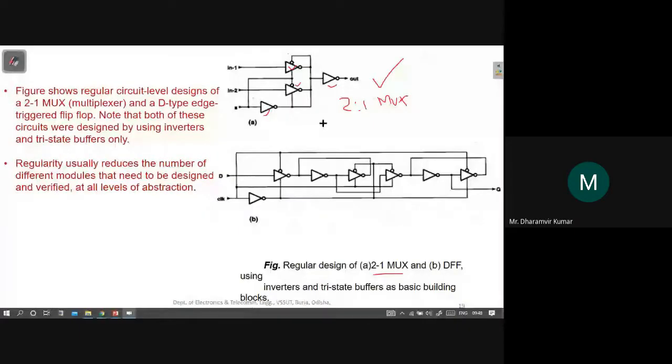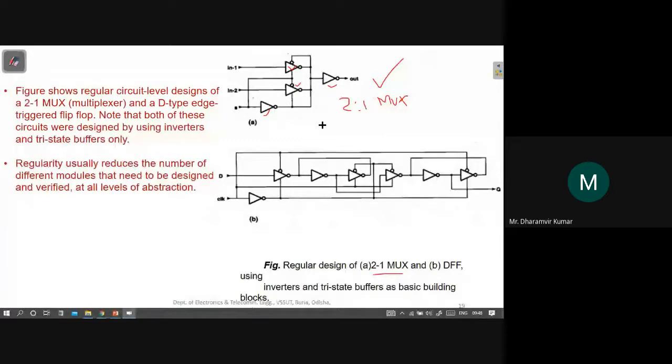So basically, by following this principle of regularity, which says that we should use smaller blocks to design a big block, that is fine. But at the same time, we should also focus on using similar kinds of smaller blocks as much as possible.